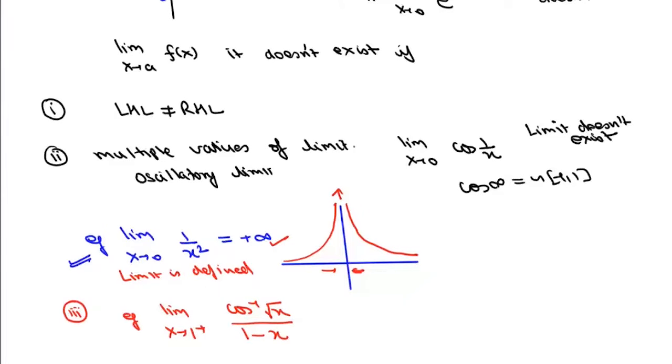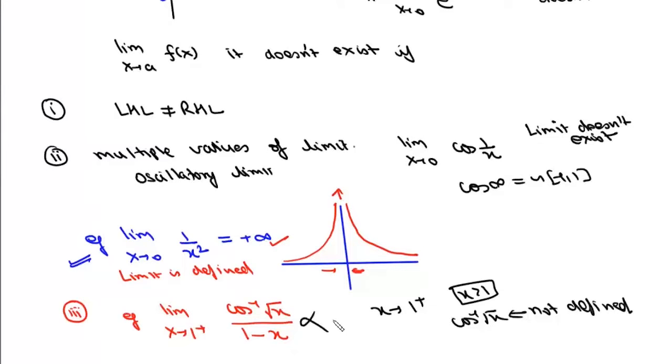Now when we say x tends to 1 positive, it means x is greater than 1, and if x is greater than 1, then this cos inverse under root x is not defined. And when this function is not defined, so this right hand limit is also not defined.